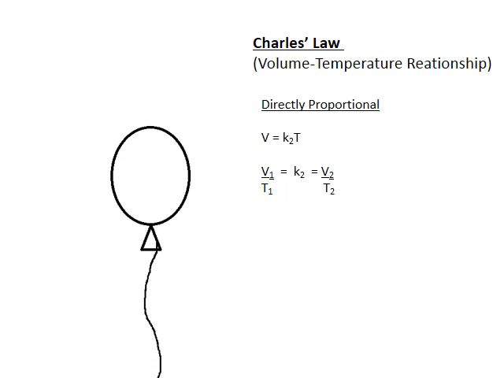I can move the T over to the other side and get the K by itself, so V over T is equal to K. So V1 over T1 is equal to K2, and any ratio of volume and temperature for a confined gas at a fixed pressure is going to show this relationship. And if they're both equal to the same constant, they're equal to each other. So V1 over T1 is equal to V2 over T2. So let's do a little work with this Charles's law.